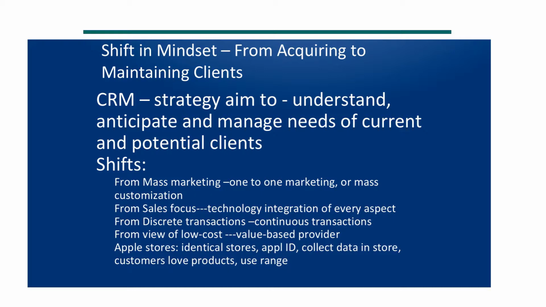And so if you think about Apple stores and what's happened with Apple, and of course they're one of the largest revenue generating organizations out there, they give everyone an Apple ID. So basically they start collecting data on you with the Apple products that you purchase. And if you think about going into one of the Apple stores, the stores are all the same.